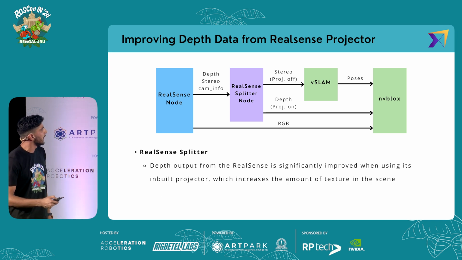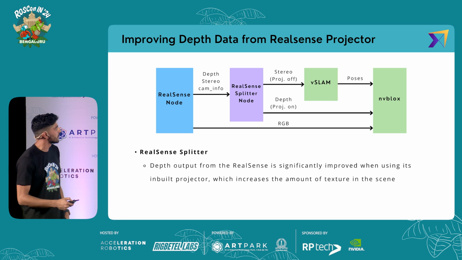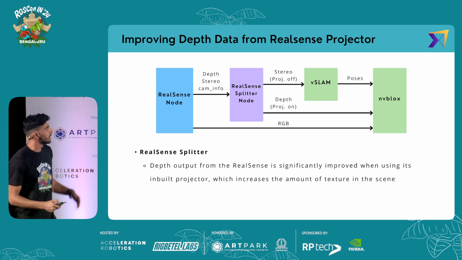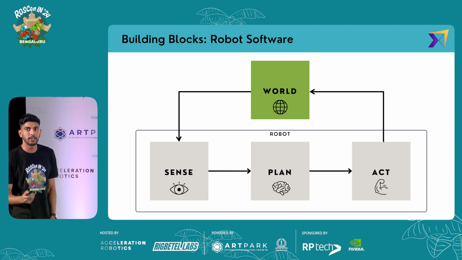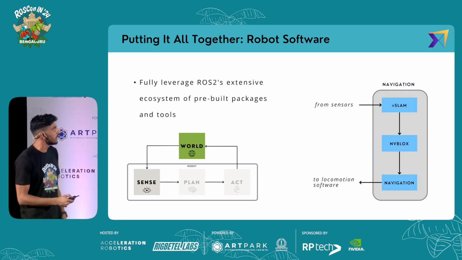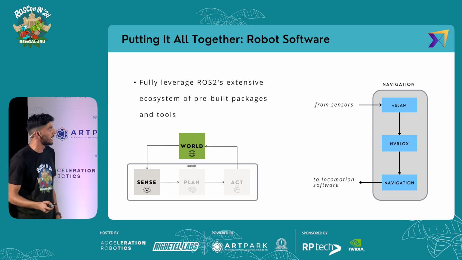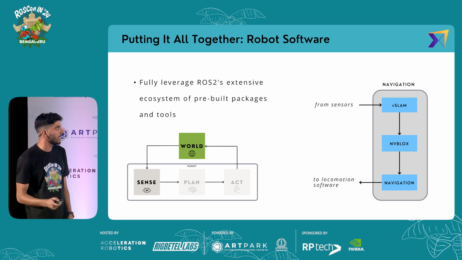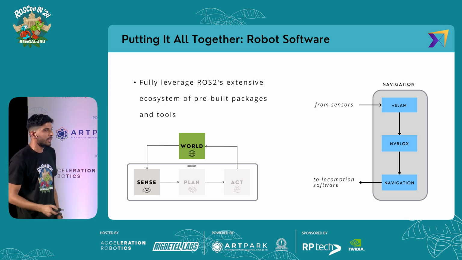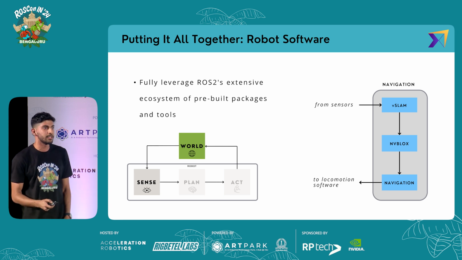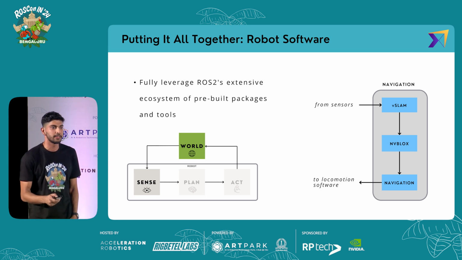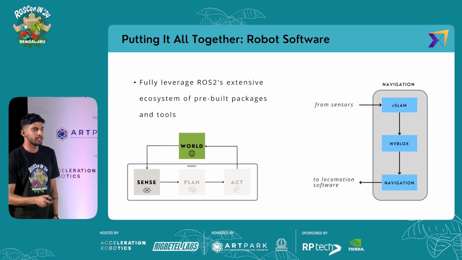Just putting it all together, let me come to the concluding slides. As I mentioned, this whole sense-plan-act loop goes on in the software of the robot. We are fully leveraging the features of ROS2 extensively in the perception and navigation stack, wherein we take data from the sensors to do visual SLAM, and finally the Nav2 toolbox gives us the commanded velocities, which are passed on to the locomotion software.